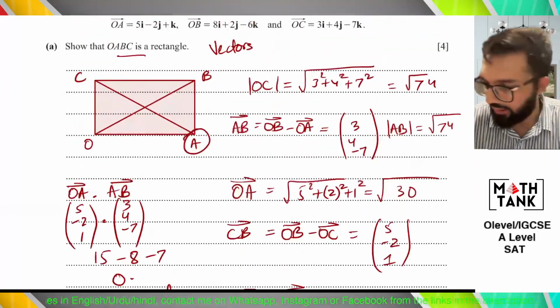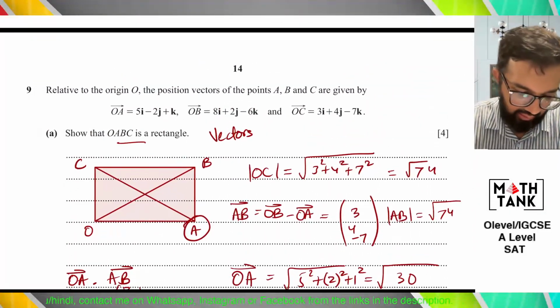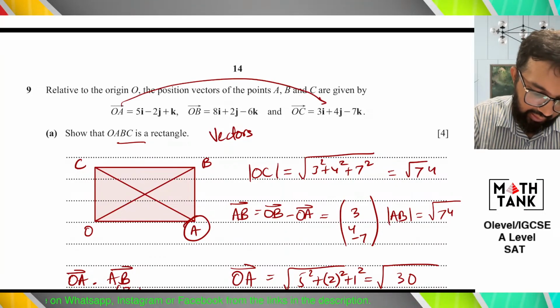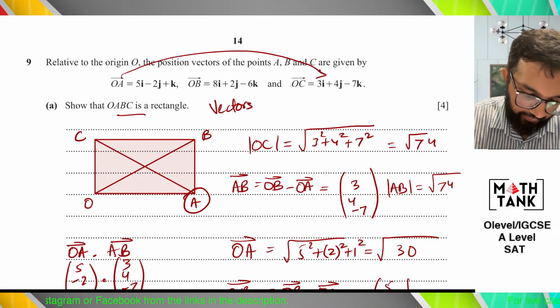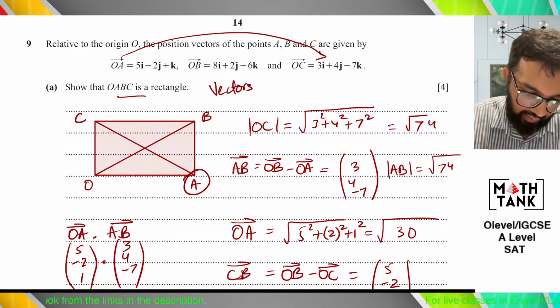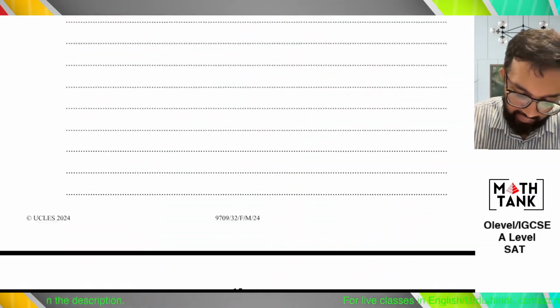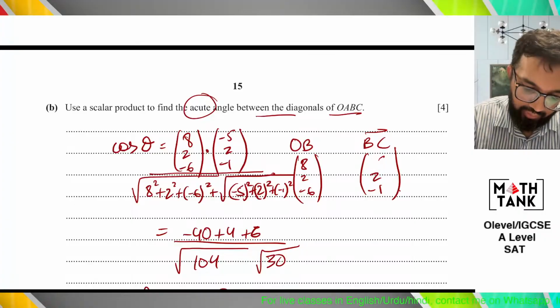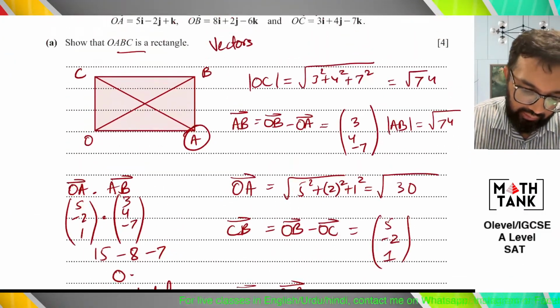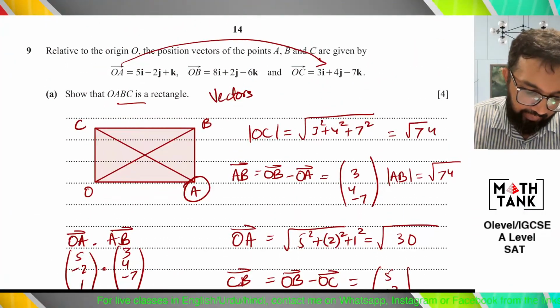Have I calculated AC or I have calculated BC? I calculated BC, AC करना था। 3 minus 5 minus 2. Oh, this is wrong. So we'll have to do this again.